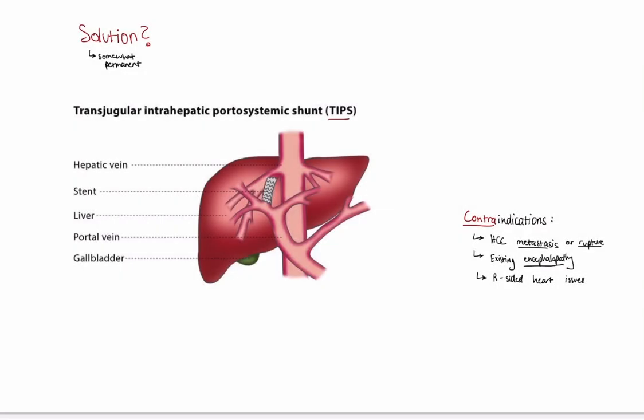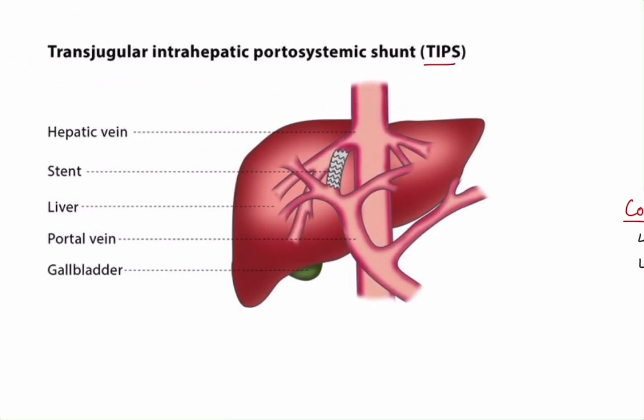Now, the solution for both of those conditions, at least a more permanent solution than continuous paracentesis or colonoscopies to treat those varices, would be the TIPS procedure, where essentially a stent is introduced between the portal vein, most often the right portal vein, and the right hepatic vein for the most part, though other veins can be used.